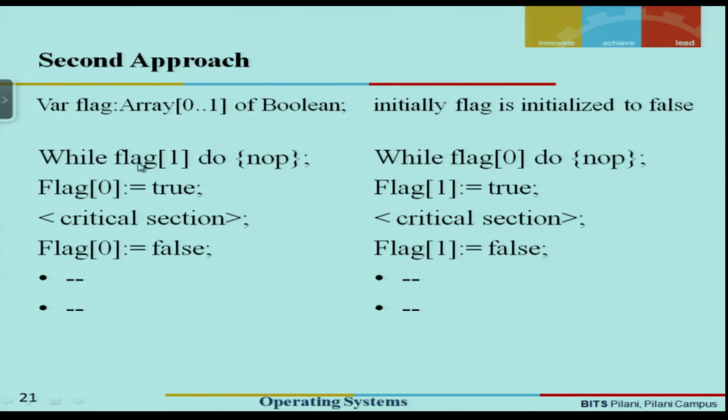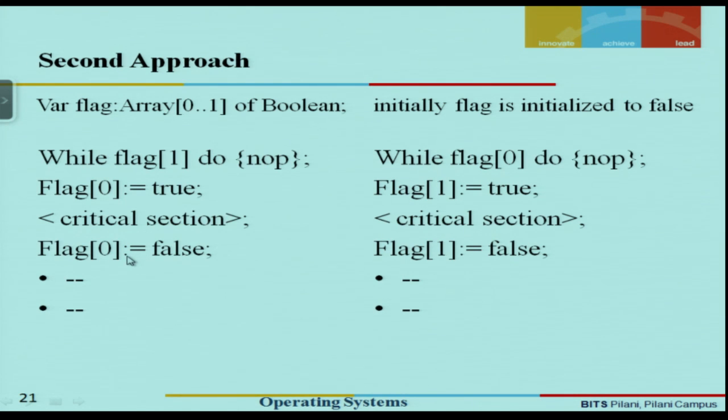It tries to find out whether process 1 is executing, and if it is, process 0 does not do anything. If process 1 is not executing, then it makes its own flag equal to true and proceeds to the critical section. After the critical section, once it comes out, it makes its own flag false.